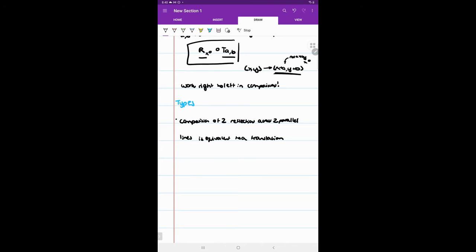So let's draw two parallel lines to see what we mean by this. So we have lines L1 and L2. Pretend that they're perfectly straight and parallel.